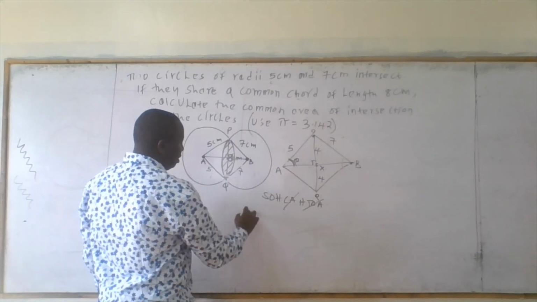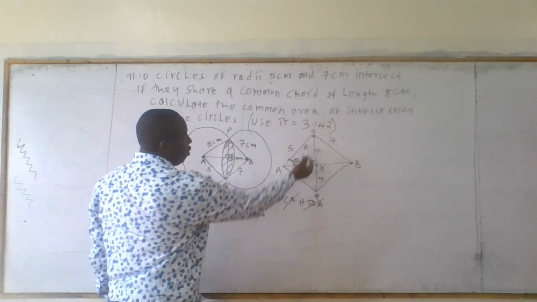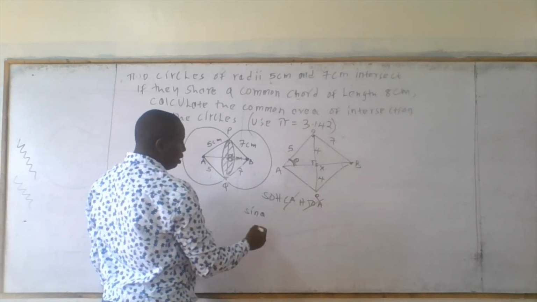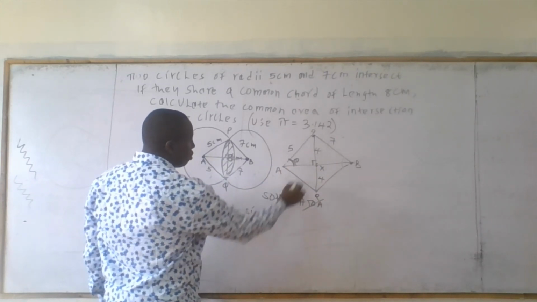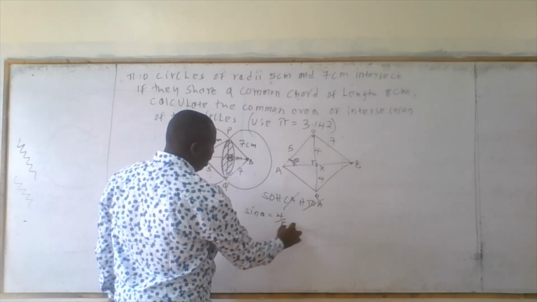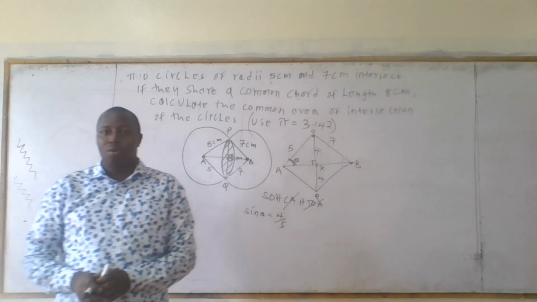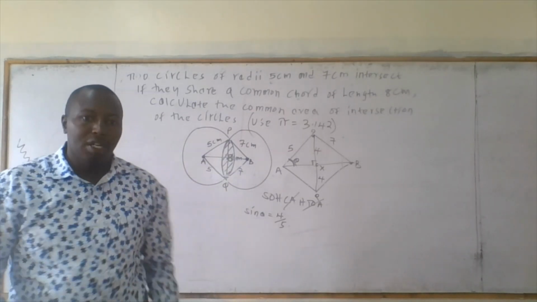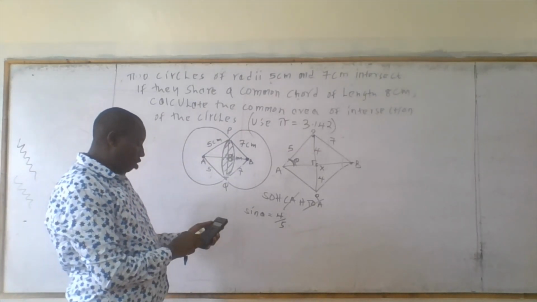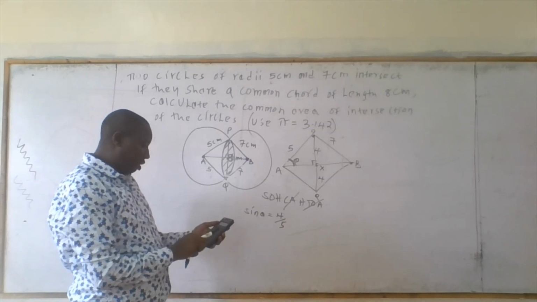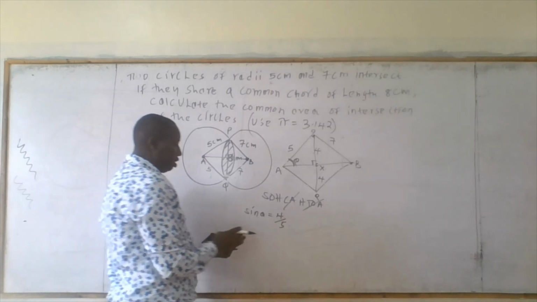We want to find angle PAX first. Sine theta is equal to opposite 4 over hypotenuse 5. So what is 4 divided by 5? This comes to 0.8.